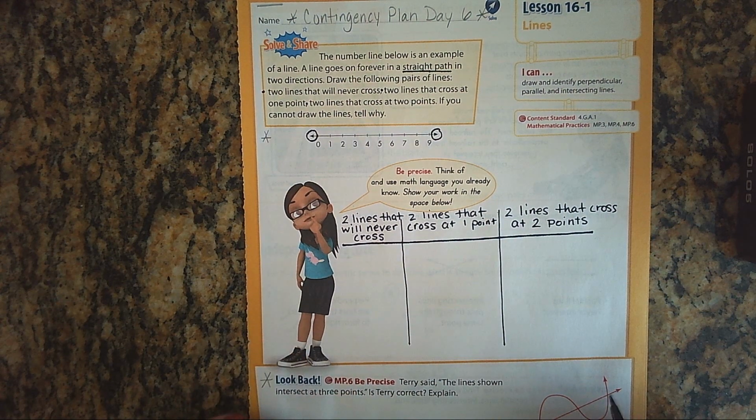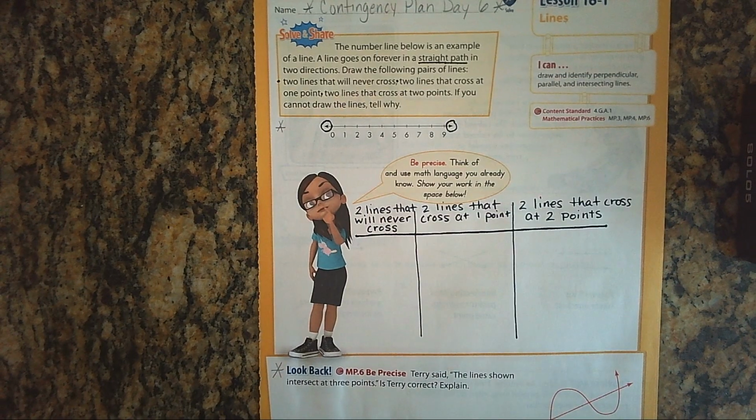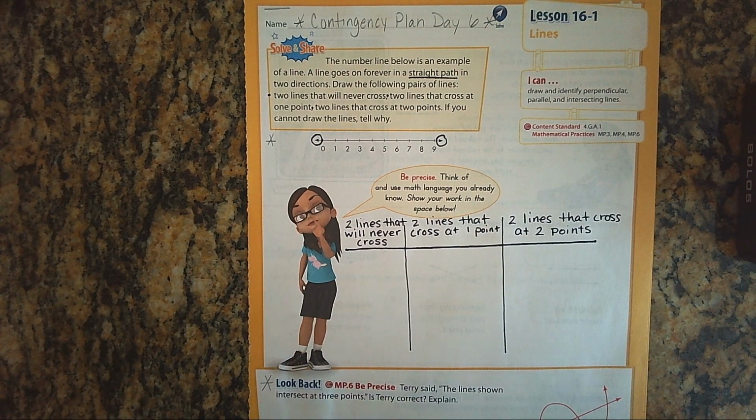So at this point in the video, after you set up your chart, you can pause and try, and then when you're finished trying the solve and share, you can unpause the video to see how I go over it.